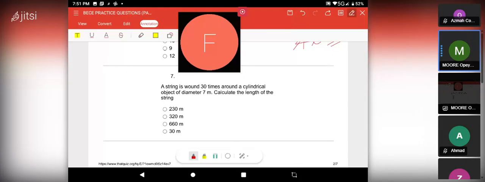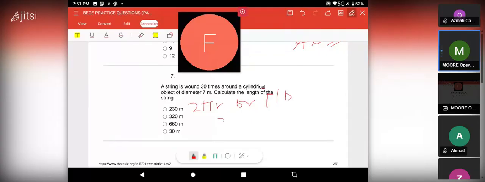Now when you calculate that, you will multiply your answer by 30 because it wound round the cylinder 30 times. So perimeter of a circle is 2 pi r, or we say pi d. We are using pi d because diameter is given.